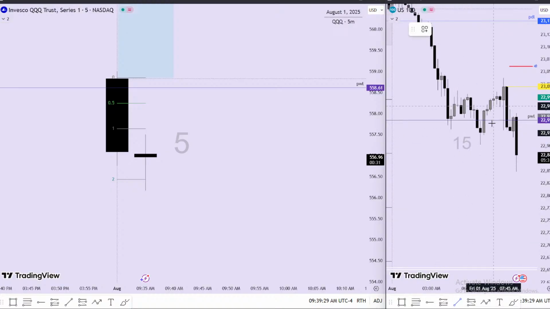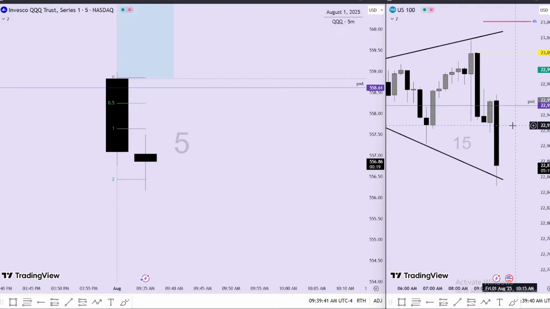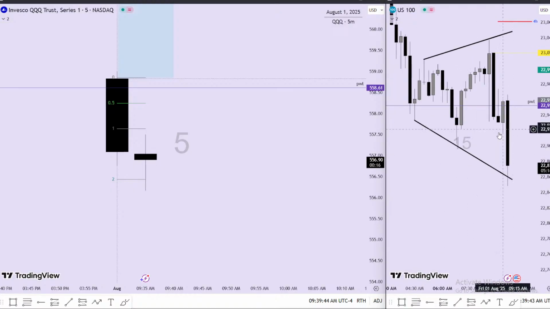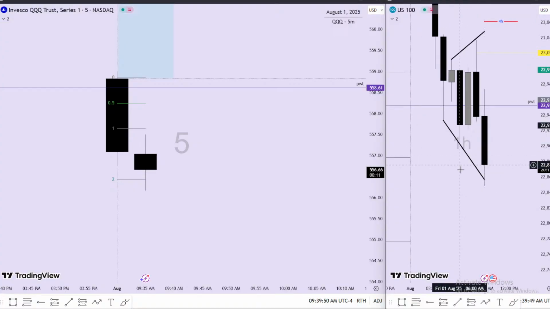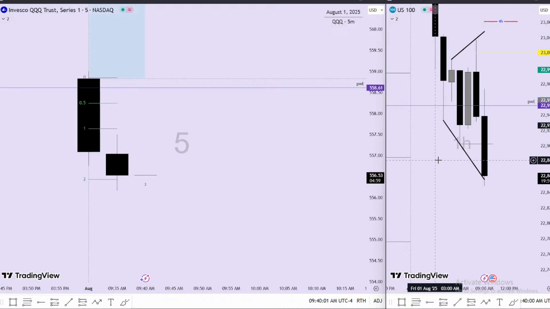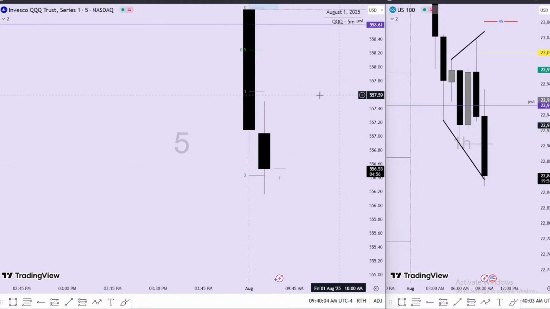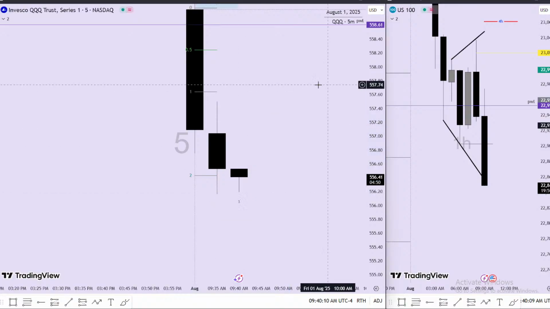Can this be the first leg, the second leg, or the third leg? Something like this on the electronic trading hours. Second bar closed below the 50% of its range.